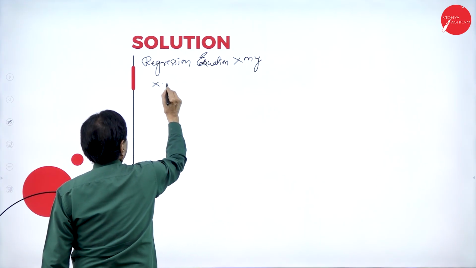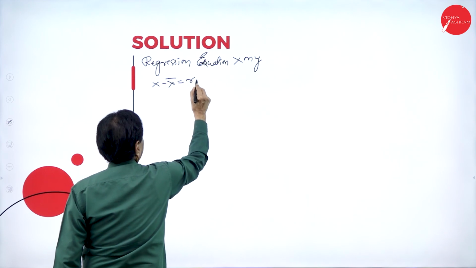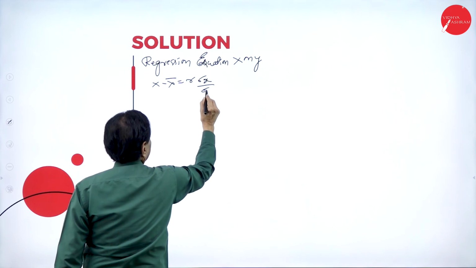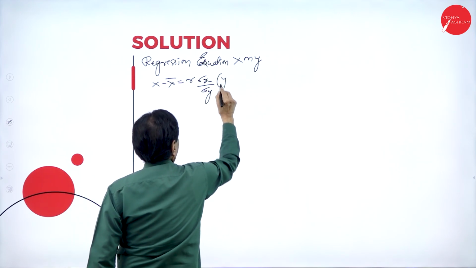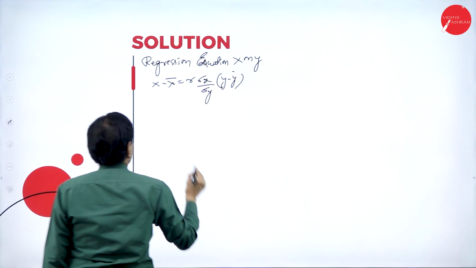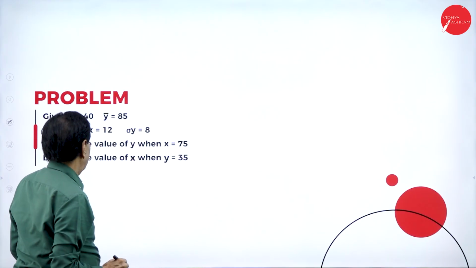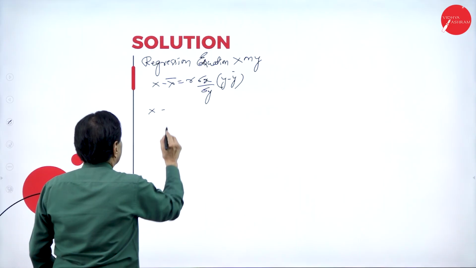X minus x mean equals r into standard deviation x over standard deviation y into y minus y mean. What's your x mean? 40.